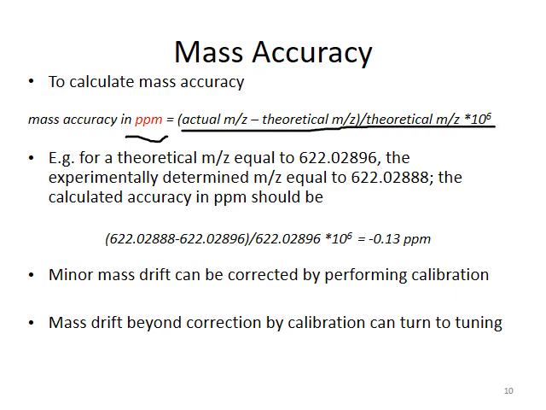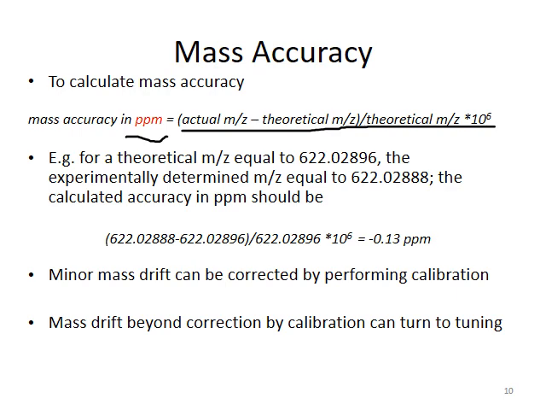The difference between the actually measured m/z and the theoretical m/z, divided by the theoretical m/z, multiplied by 10 to the power of 6, will give you mass accuracy in ppm.